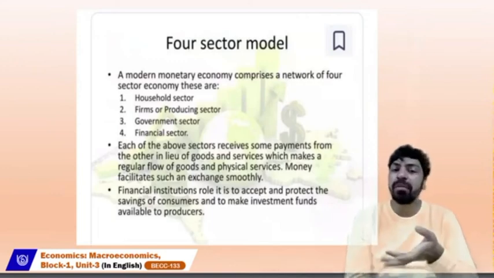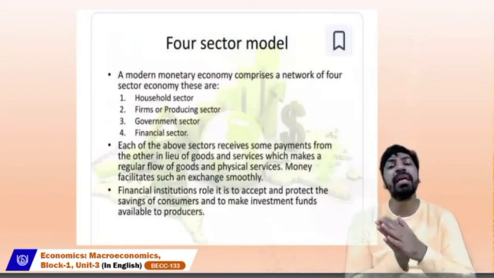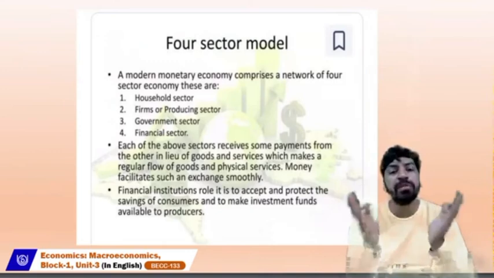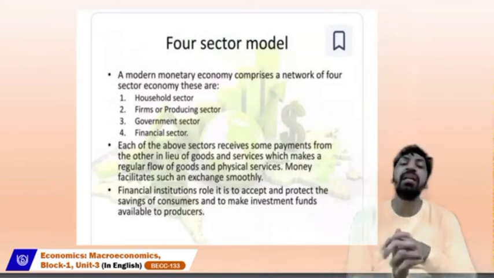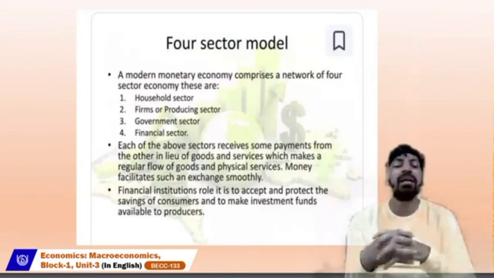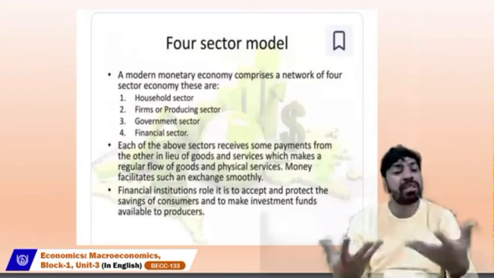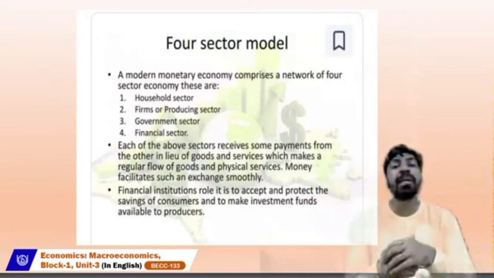So when we talk about the four sector model, a modern monetary economy includes a network of four sectors, which has been mentioned on your screen. The first is the household sector, which will supply the resources, that is the four factors of production.